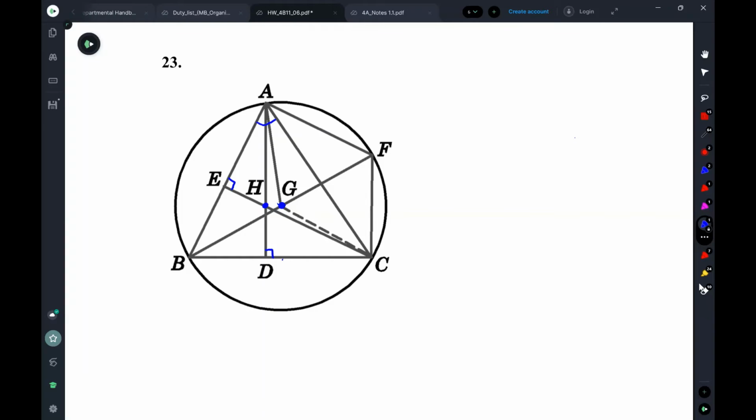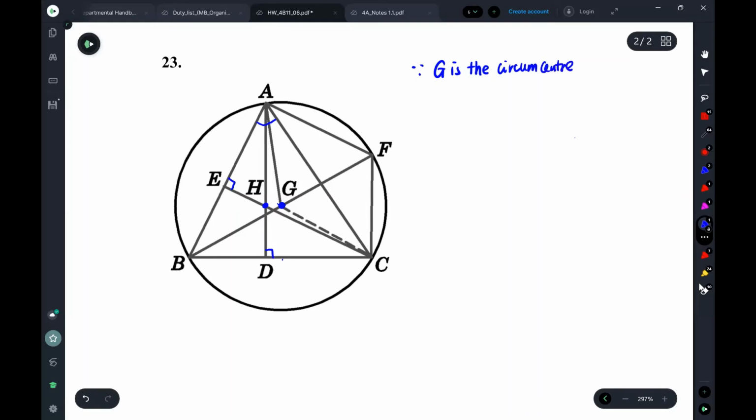That's the first thing, to identify these points, since they're very close. Now let's prove it. I'm going to use the definition of a parallelogram, proving 2 pairs of parallel sides. It's not that difficult. First, because G is the circumcenter of triangle ABC, G is the center of circle ABC.